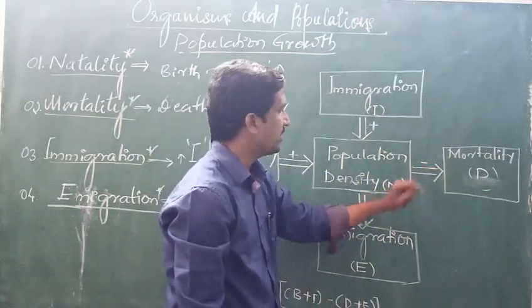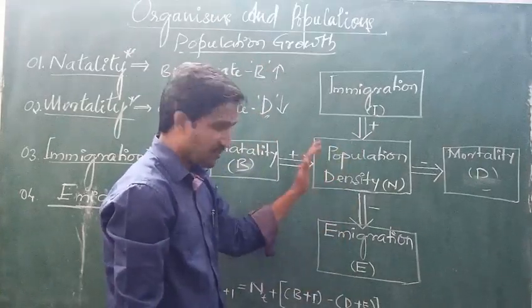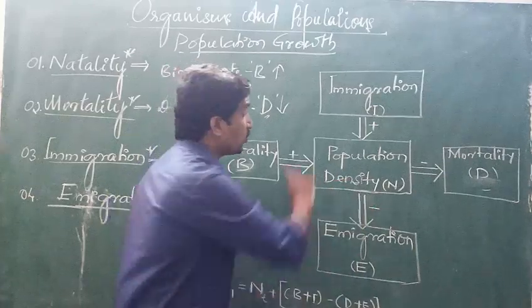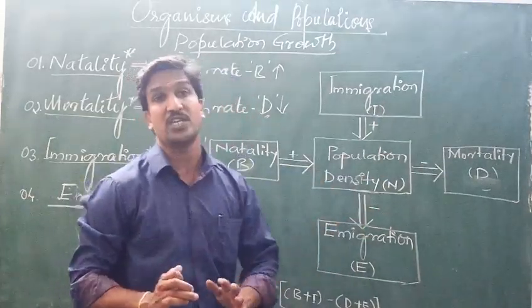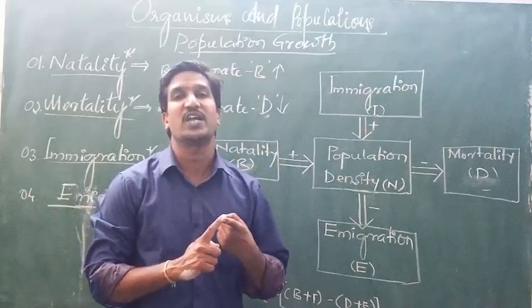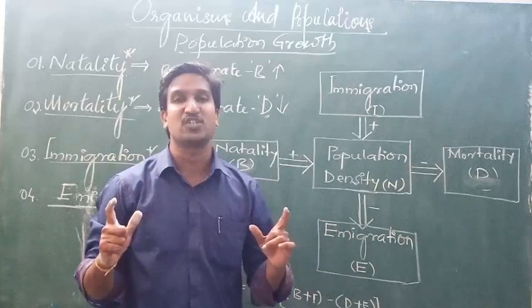Likewise with emigration, they went somewhere else from the population. All this population density basically depends on natural resources like food, water, and availability of natural resources.